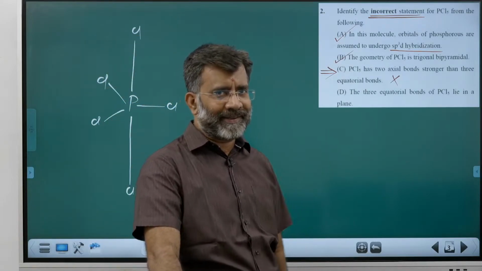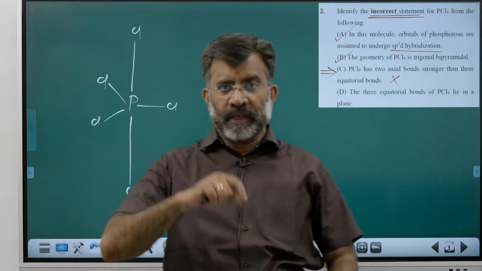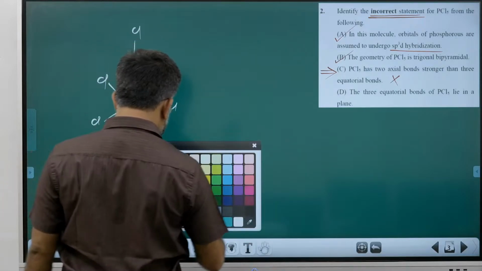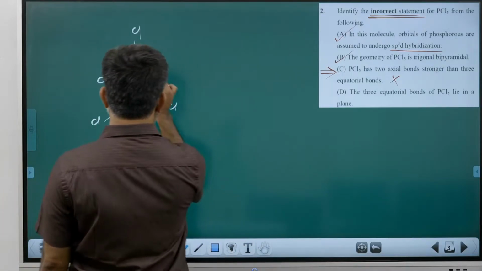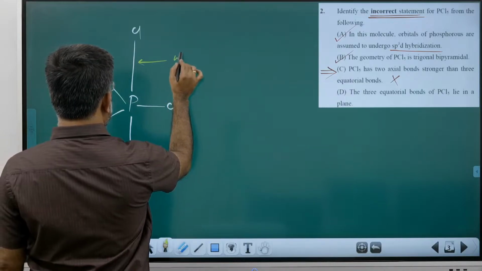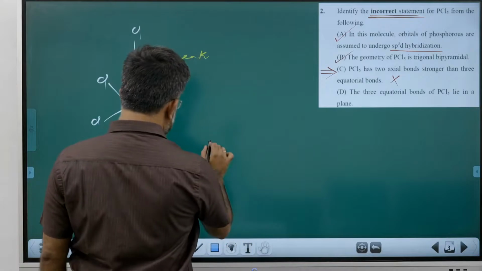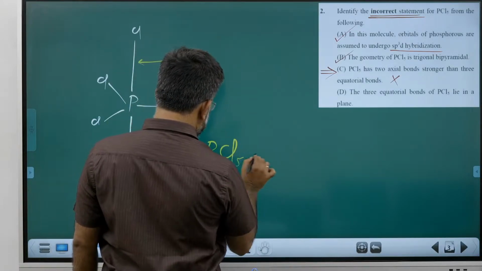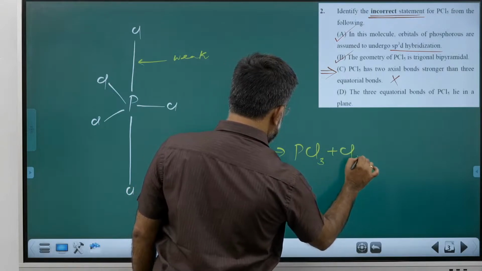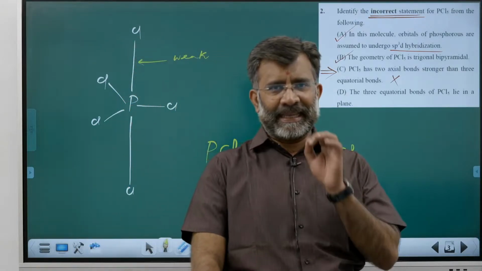What is wrong in it? The axial bonds are more elongated and weaker than the equatorial bonds. The axial bond is longer and relatively weak in nature. That is why in the reaction we encounter, PCl5 decomposes to give PCl3 plus Cl2, known to all. So that is the incorrect statement.